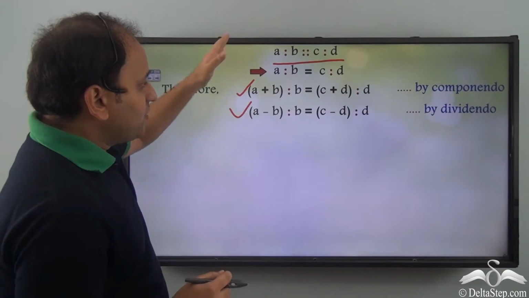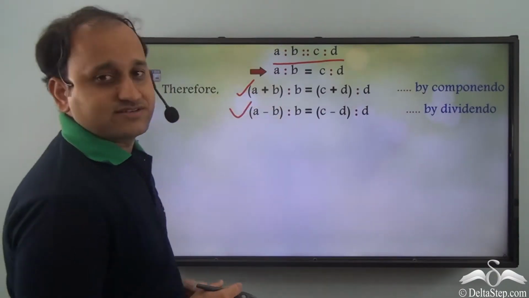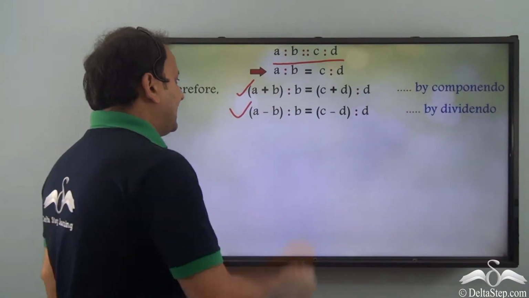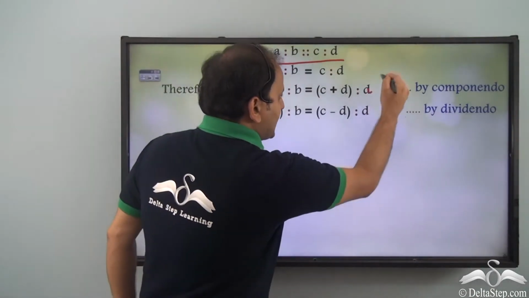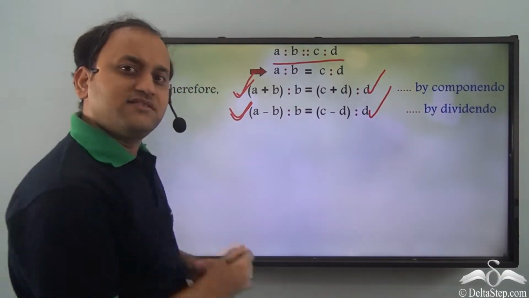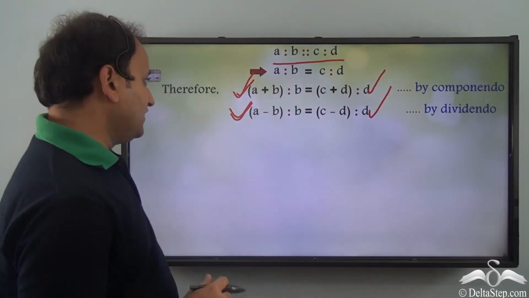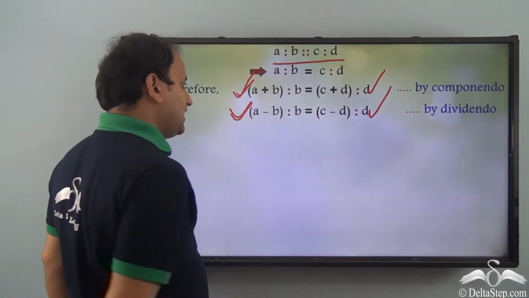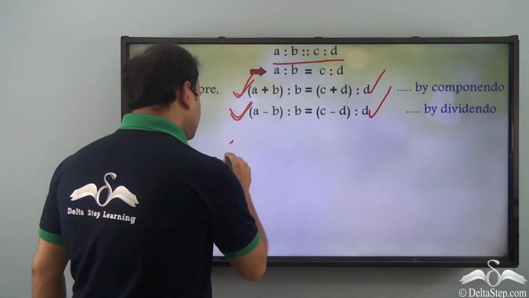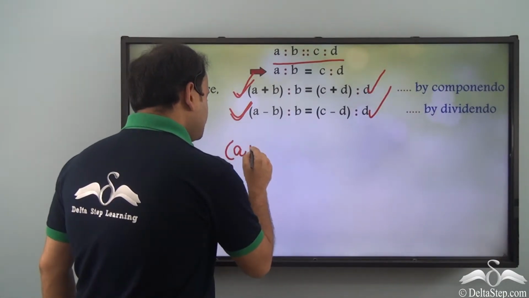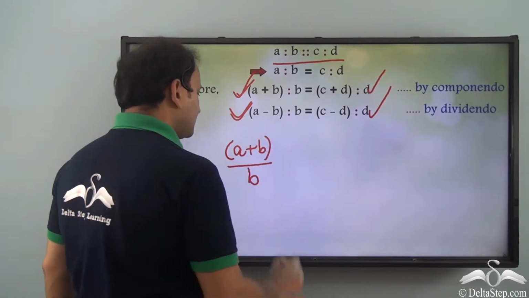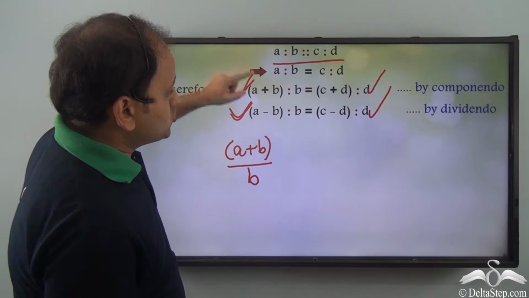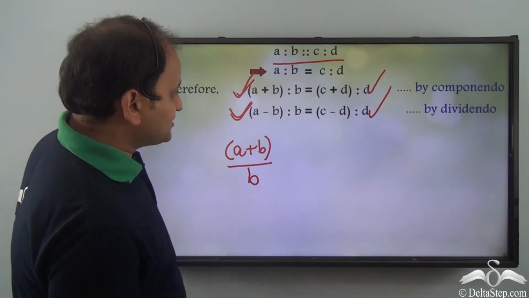Now, what if we divide both these results? That is, what if we divide LHS by LHS and RHS by RHS? Then what do we get? Well, A plus B is to B can be written as A plus B by B. Now, we are supposed to divide LHS with LHS.